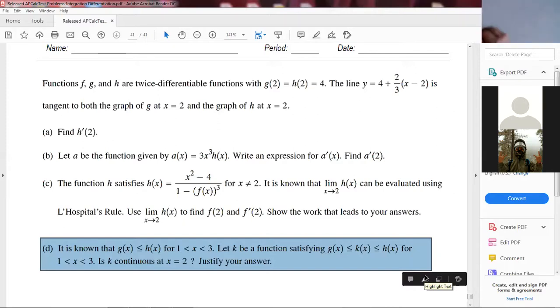So they say that g of x is less than h of x, for 1 less than x less than 3, right? And then g of x is less or equal than k of x, less or equal than h of x.